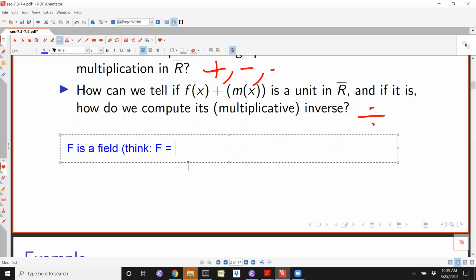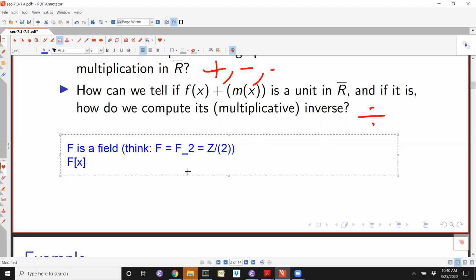If you just think F is F2, the field of order 2, Z mod 2, and you secretly keep thinking about F as just being Z mod 2, that's great. Janvi, that makes sense? F is a field. F bracket X is not a field, it is a ring.